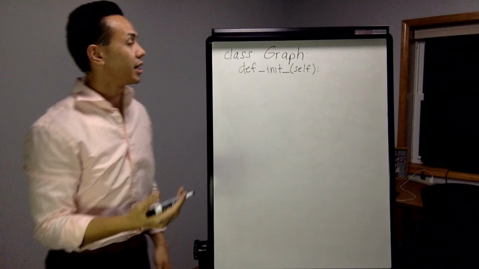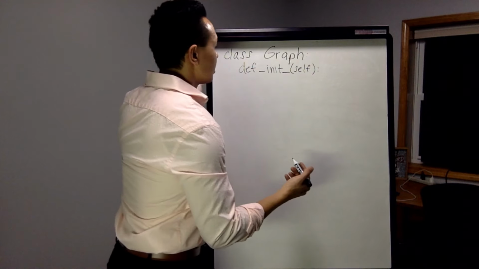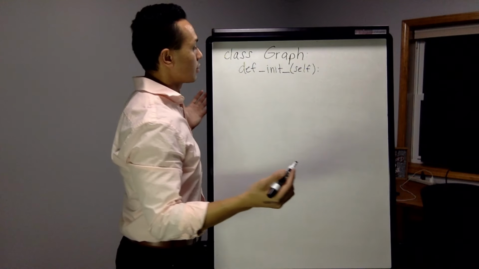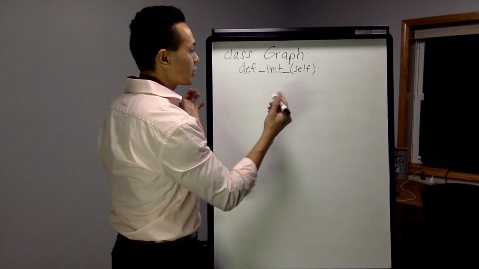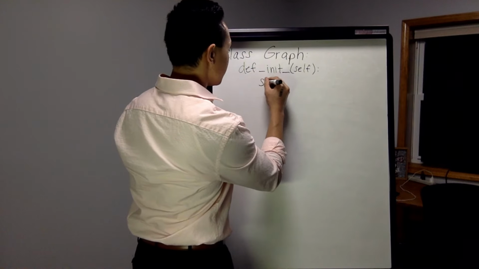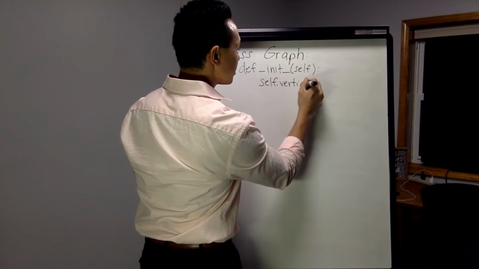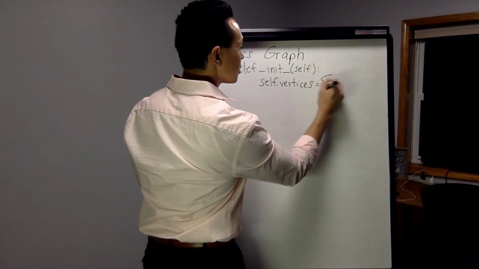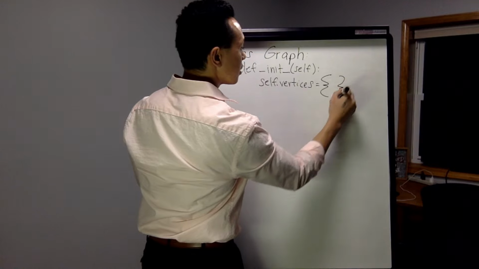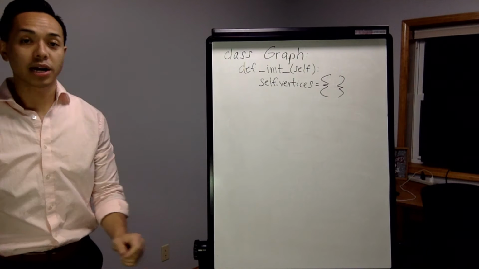In Python, graphs are usually represented with an object or a dictionary, right? So we're going to put self.vertices equals this empty object that you can store items in.